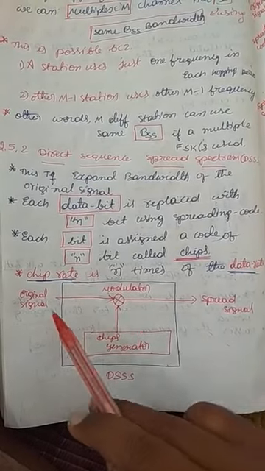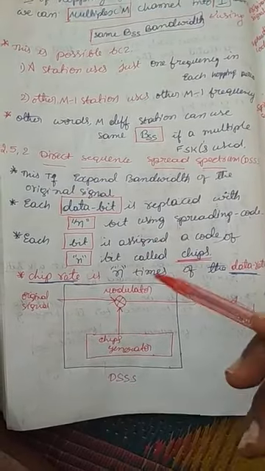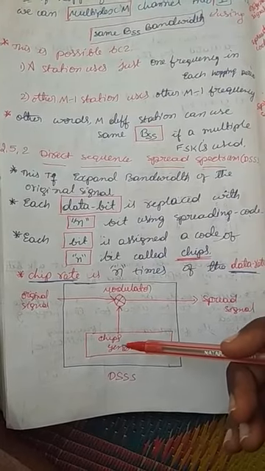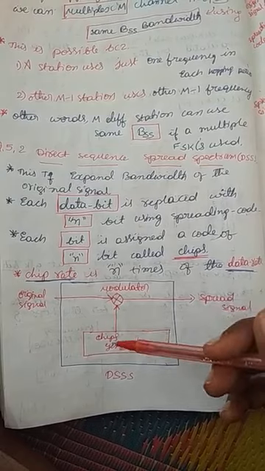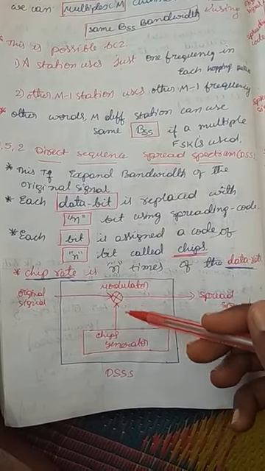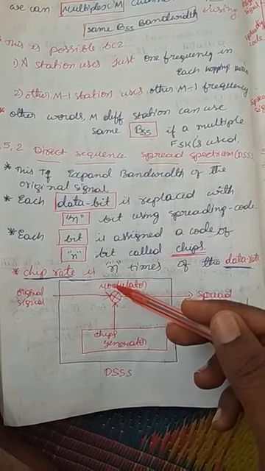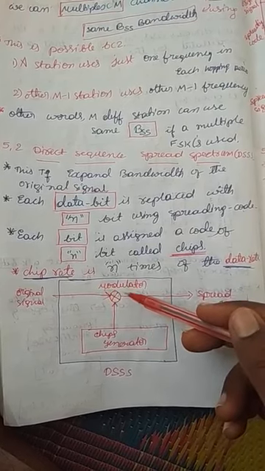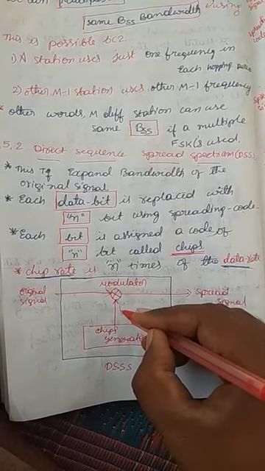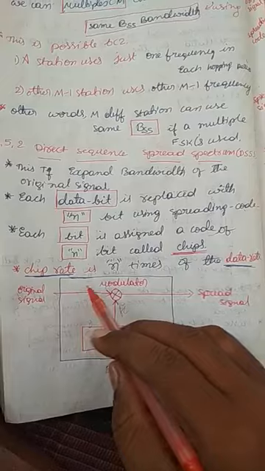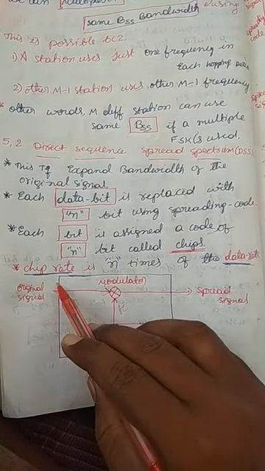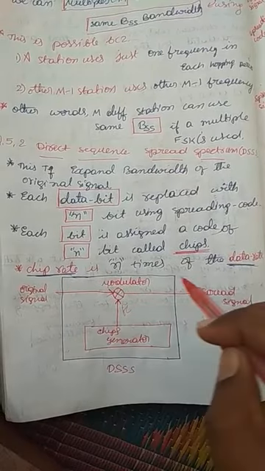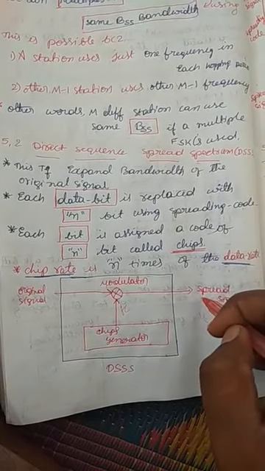Here you can see the DSSS. You can see the original signal and the chip generator, which produces the sequence of bits. Here the modulator will change the carrier frequency and produce the spread signal. Here the bandwidth will be low, and here the bandwidth will be expanded.